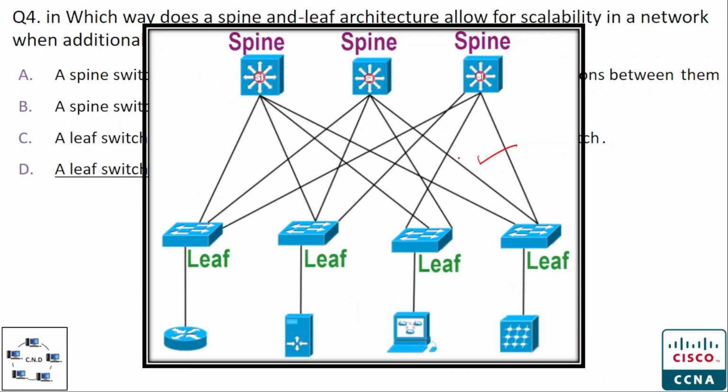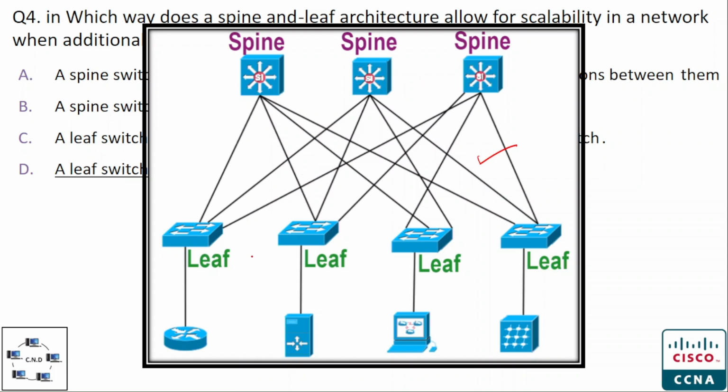So this is the leaf and spine architecture. In this architecture, we have spine switches and we have leaf switches. Leaf switches are those to which the end devices such as switches, hosts, computers, or printers are connected, and each leaf switch is connected to every spine switch.